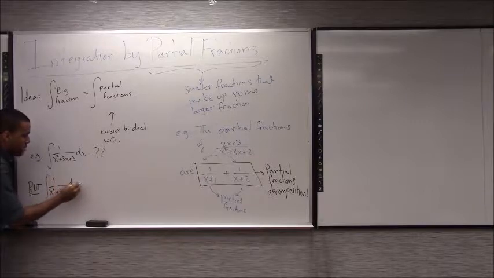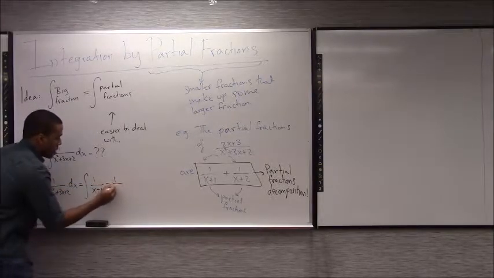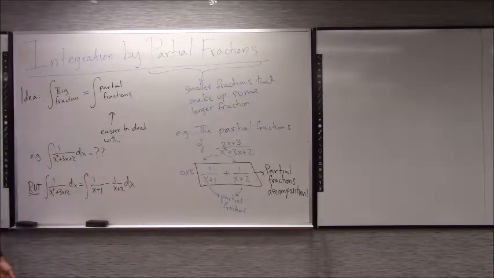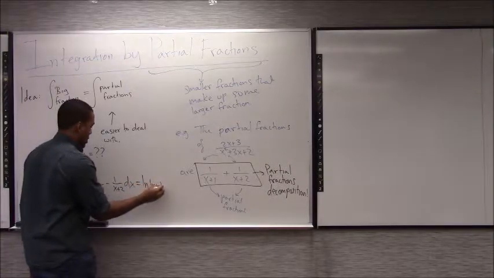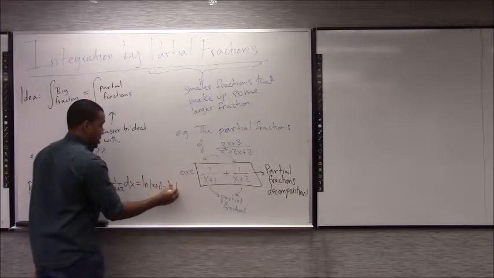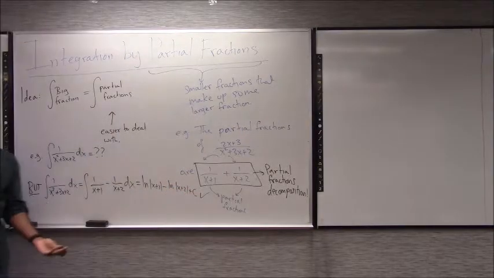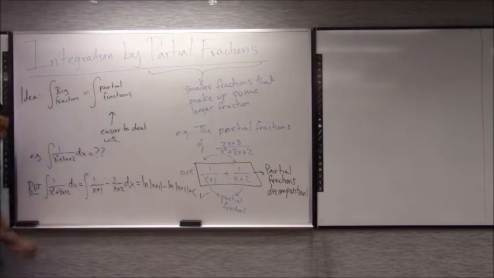But if you could see ahead of time that this guy is really just that guy, then forget trig sub. You can literally do that pretty easily. That's just ln of x plus 1 minus ln of x plus 2. Right? Very simple, right? Now going from this to this is called finding the partial fractions decomposition.